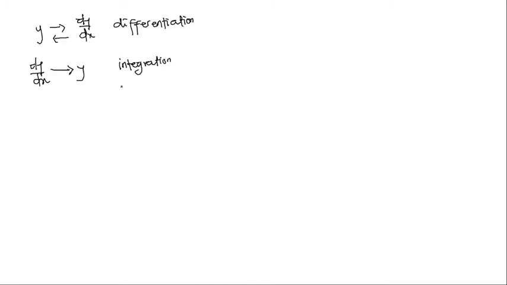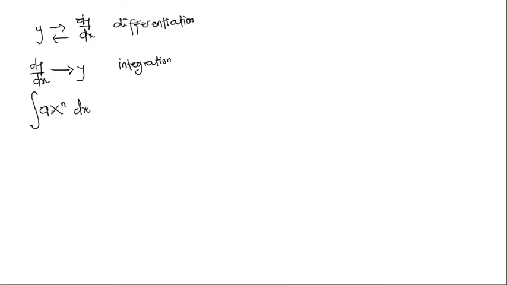So simply put, integration is the reverse of differentiation. Now there is a general way of integrating a function. Assuming we have a function of the form ax power n, how do we integrate this function? We integrate by applying the big S sign to the function, then we add dx to it.